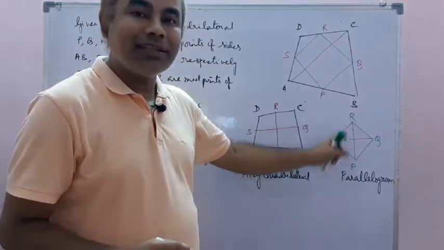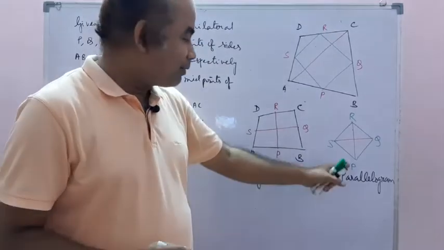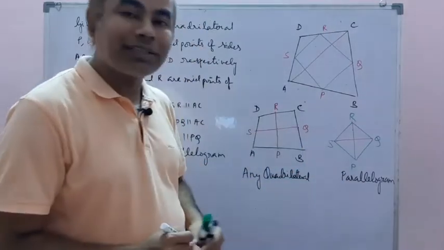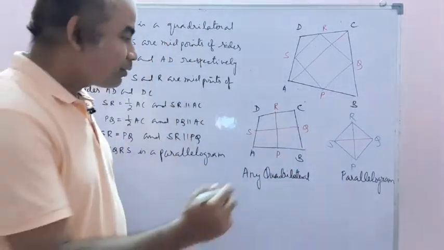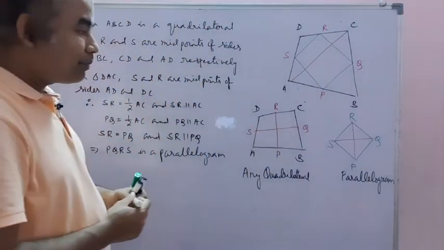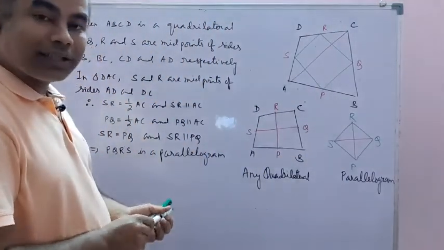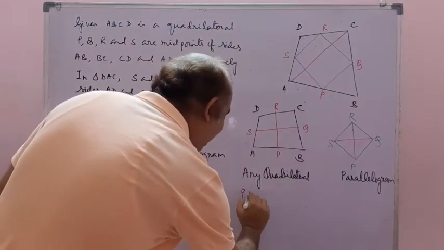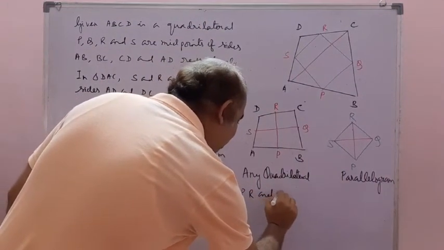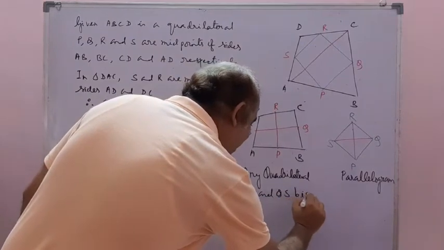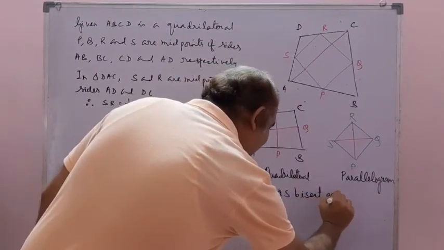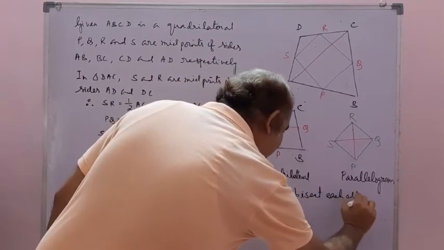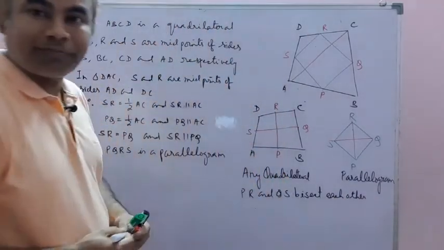Diagonals bisect each other. So as PQRS is a parallelogram, diagonals PR and QS bisect each other.